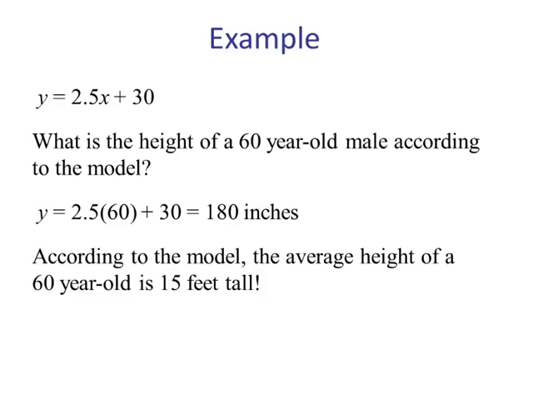Now of course this is nonsense, but this illustrates that when we extrapolate, we can end up with values that are nonsense. When we extrapolate, we are assuming that the pattern will stay the same, and it may not. And of course we all know once a male reaches 18 to 20 or 21 years of age, they're less likely to grow anymore.